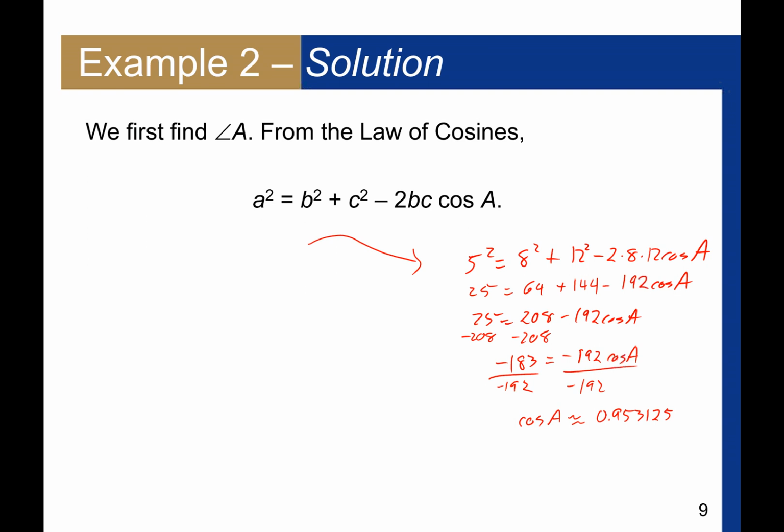This angle actually exists. So when we do the inverse cosine of that, we should get a legitimate angle measure. Yay.